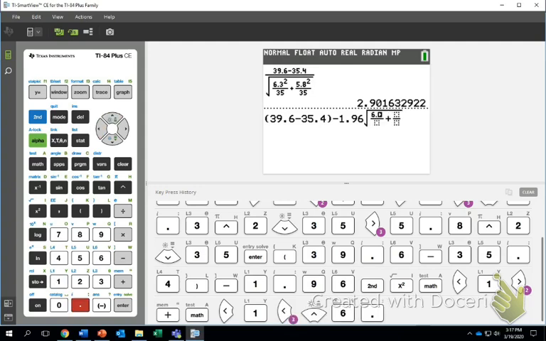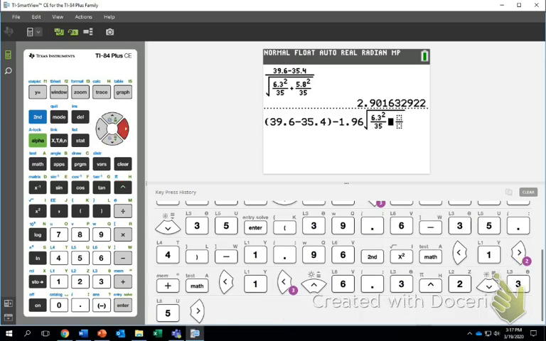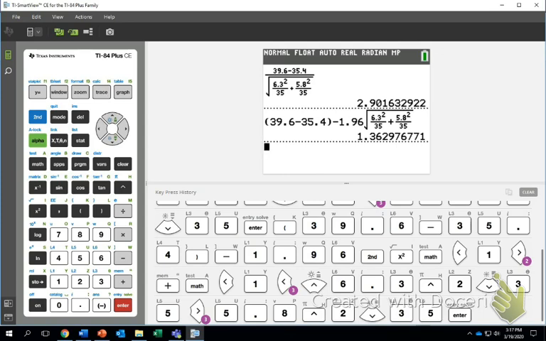These pieces are 6.3 squared over 35, and again 5.8 squared over 35. Enter, and we get 1.36.